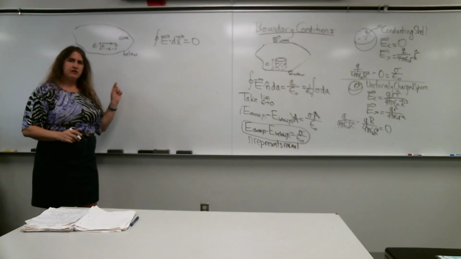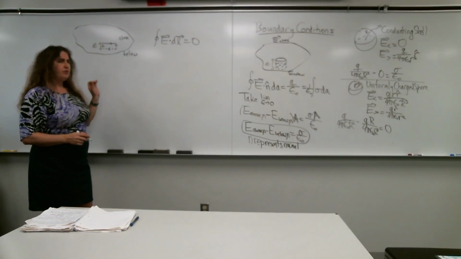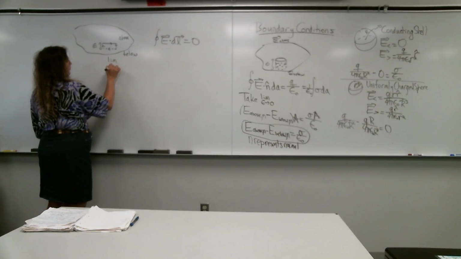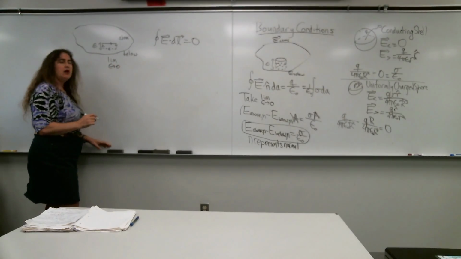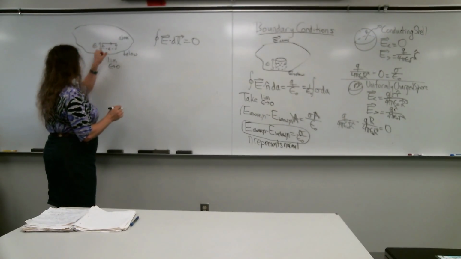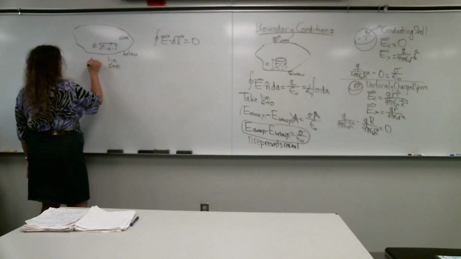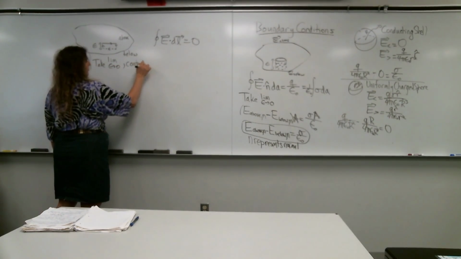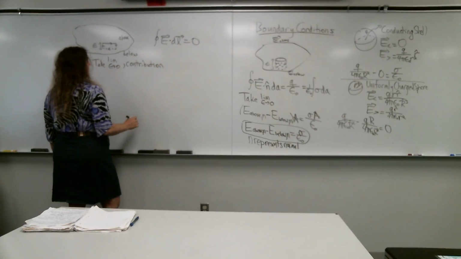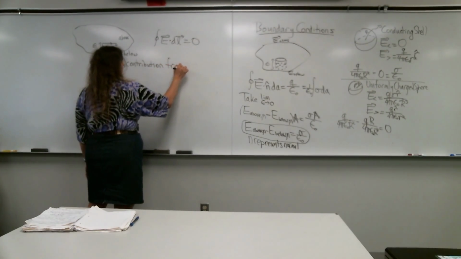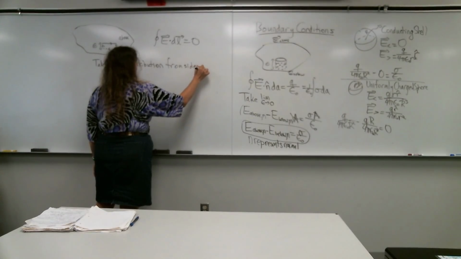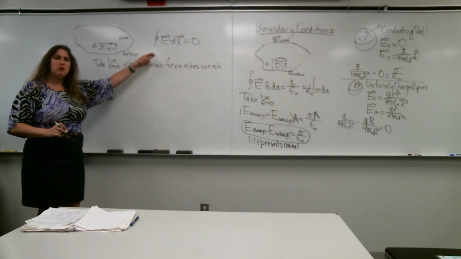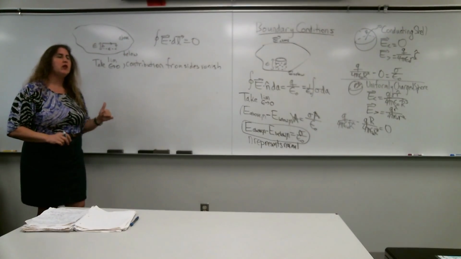I'm going to make the thickness of this path so small that the contributions from the sides will vanish. That will just leave me with a contribution from above and from below.